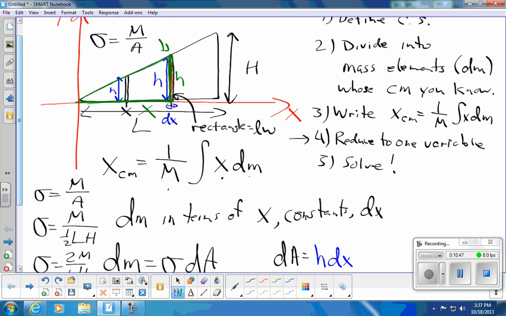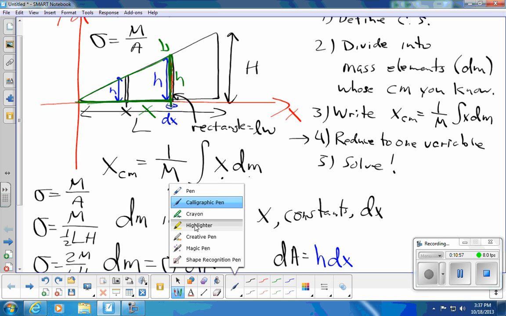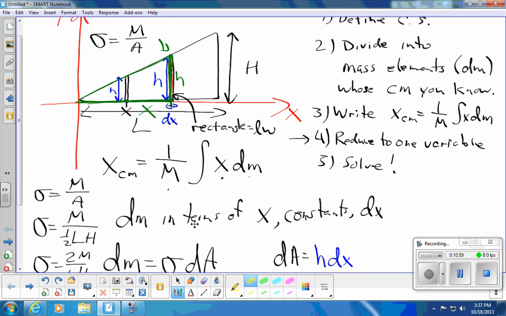That's the position of this mass element. So it has sides of h and x. There's another triangle here, which I'm going to outline in yellow, and that is the whole doorstop. That has analogous sides L and big H.